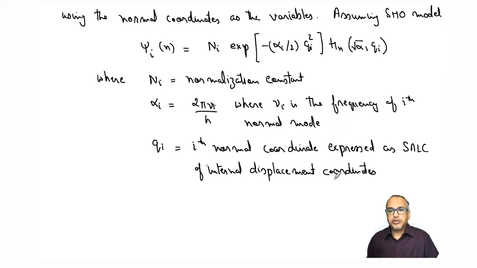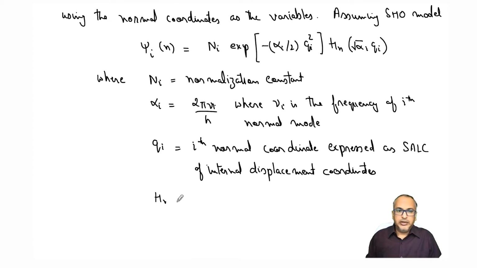Basically how the atoms are moving, so those will be internal displacement coordinates. So a linear combination of internal displacement coordinates gives you a particular qi, which is the normal coordinate of that particular normal mode, right? We have already seen this example.